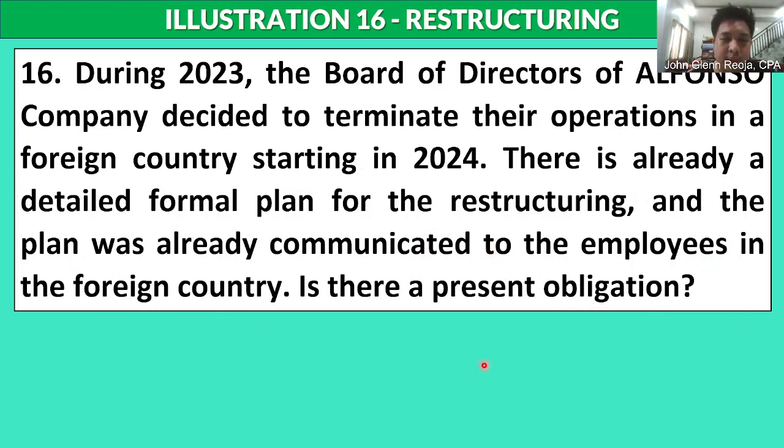Yes, there is a present obligation. There is already a detailed formal plan for restructuring. They just want to restructure the organization, since it was probably not effective. Then they decided to terminate their operation starting 2024.